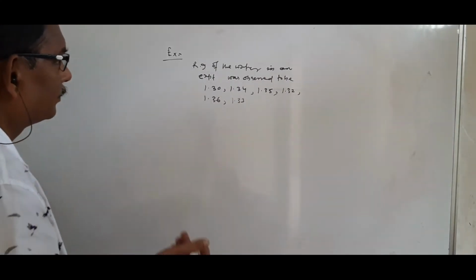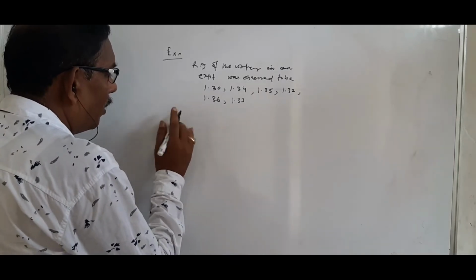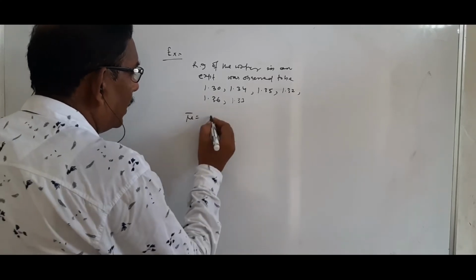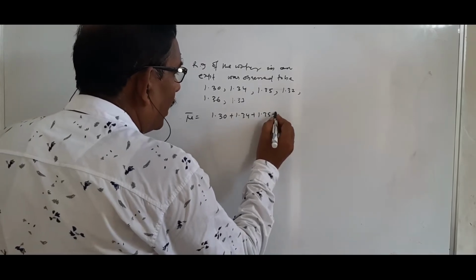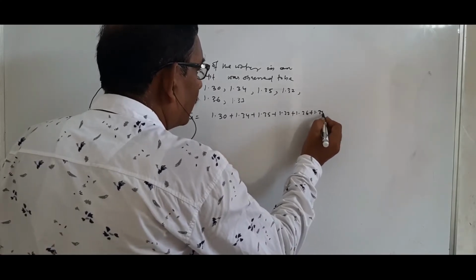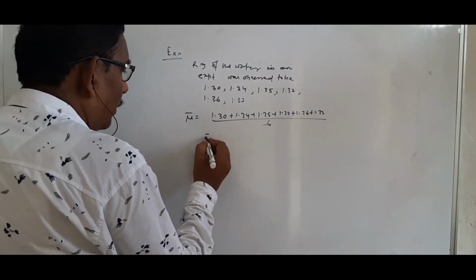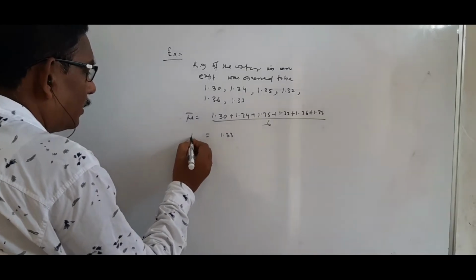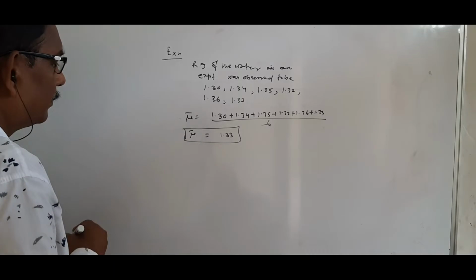First find out the mean value of the refractive index. That is 1.30 plus 1.34 plus 1.35 plus 1.32 plus 1.36 plus 1.33, divided by 6. After calculation, it is found to be 1.33. This is your mean value.